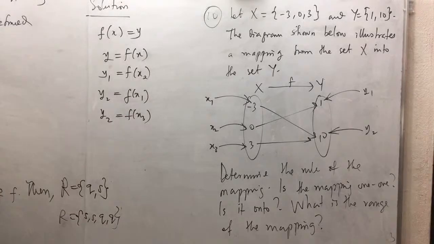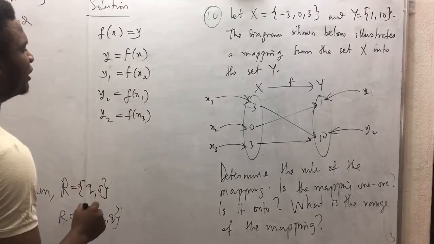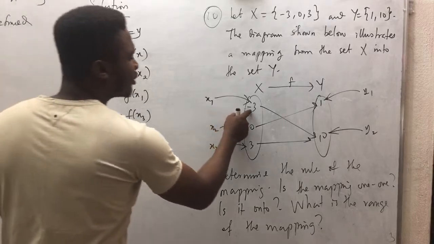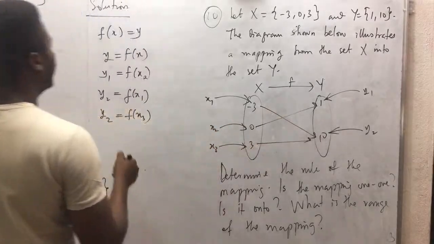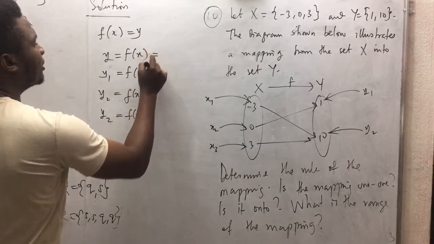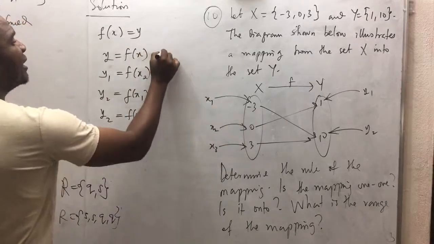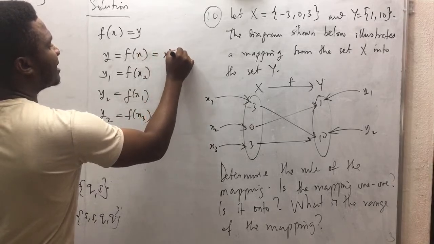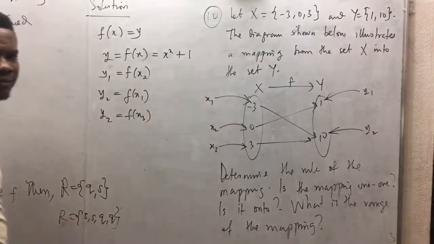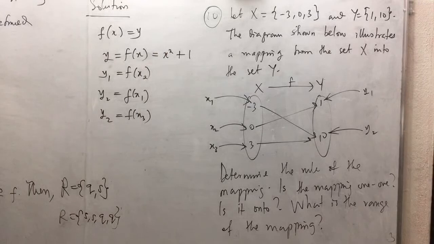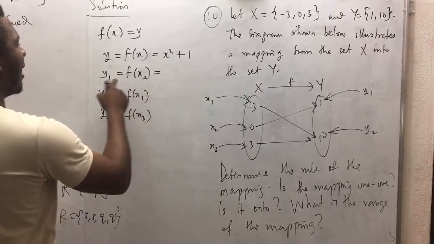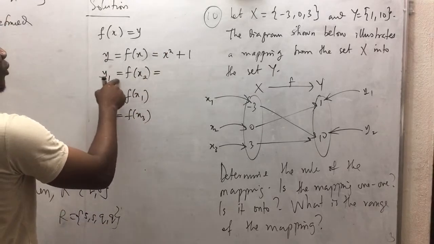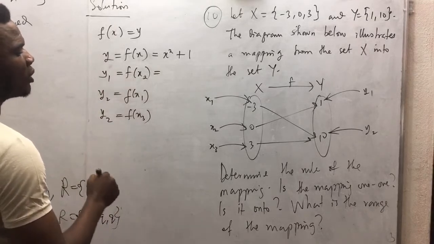Now, if you observe carefully, how does minus 3 amount to 10? You will notice that the function in operation here is that which takes the square of x and adds 1 to it. Now, how does y1 link up with x2? What was x2?